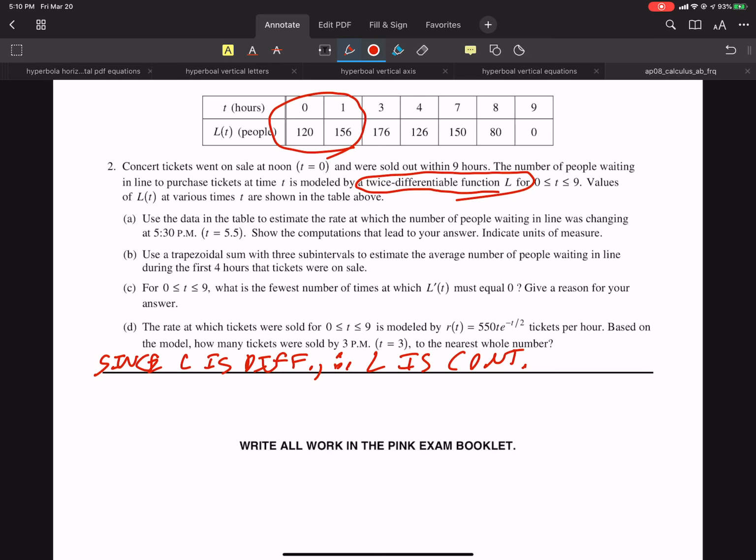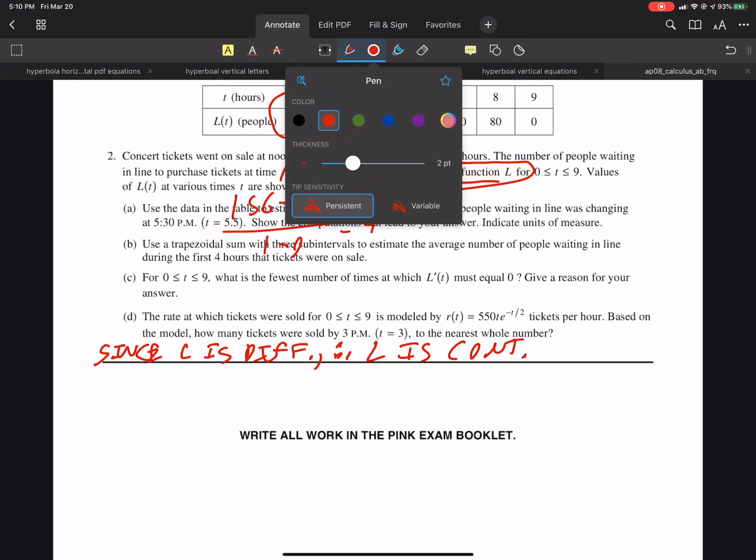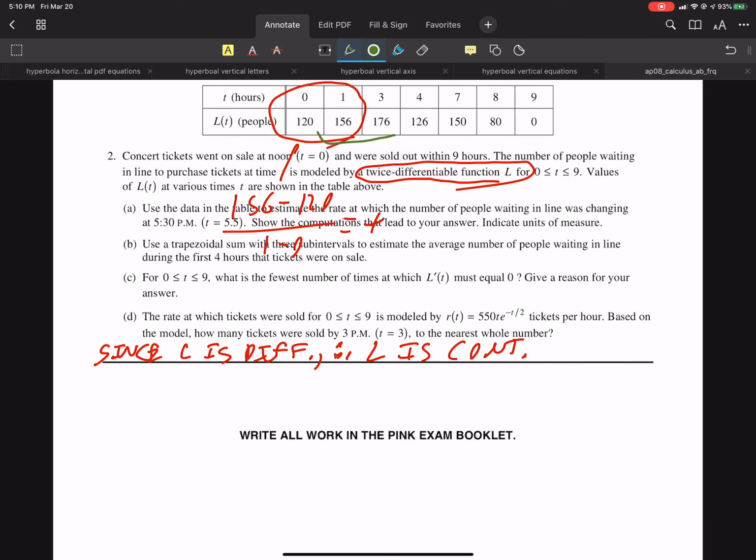So if you find the average rate of change between those 2 points, which would be 156 minus 120 over 1 minus 0, clearly it's positive, it increases. Now, between the next 2 points, again, the average rate of change is positive because it increases. So that's a plus. I'll put a plus there. I'll put a plus here.